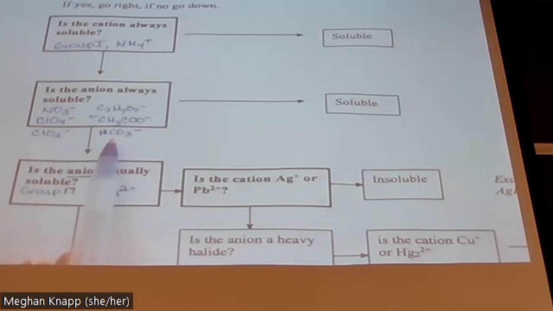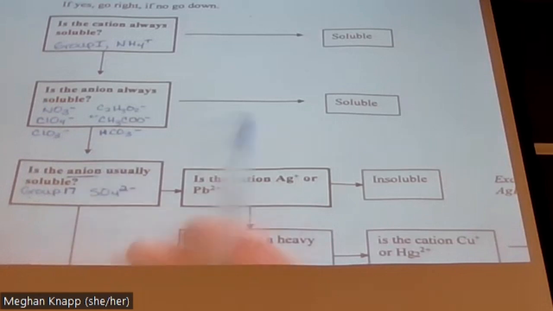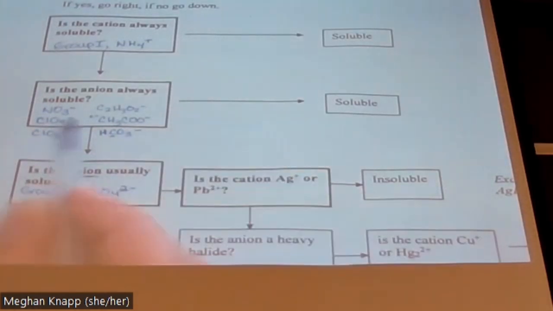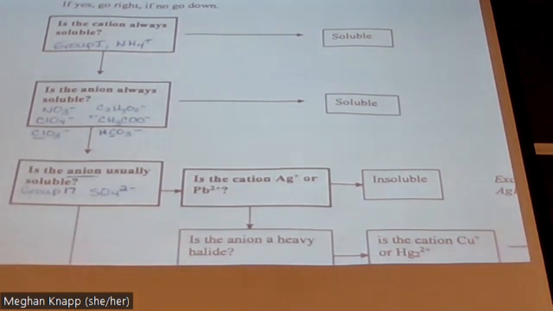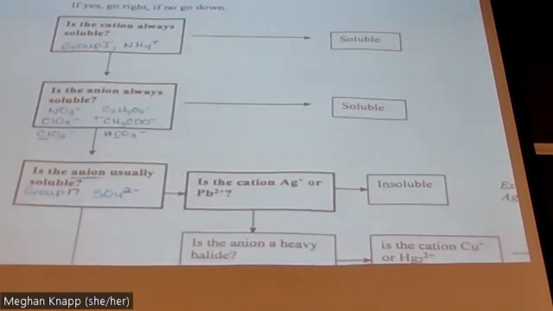But this is hydrogen carbonate, not hydrogen chlorate, because this is just a C, whereas this one is Cl. I know when you're in a hurry, you're going to see that C and think carbon. But stop when you think it's carbon and say, wait a minute, is there another letter after that that tells me it's something else?